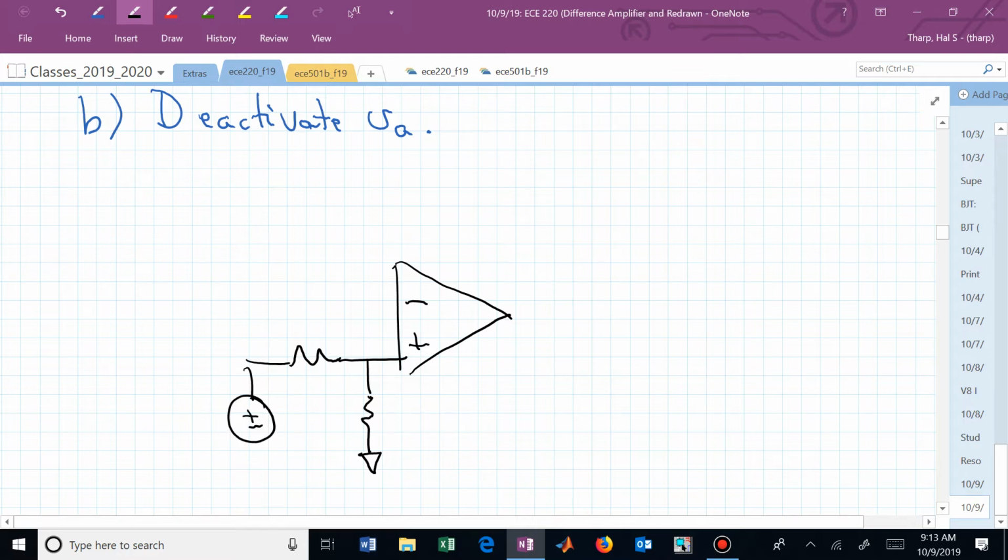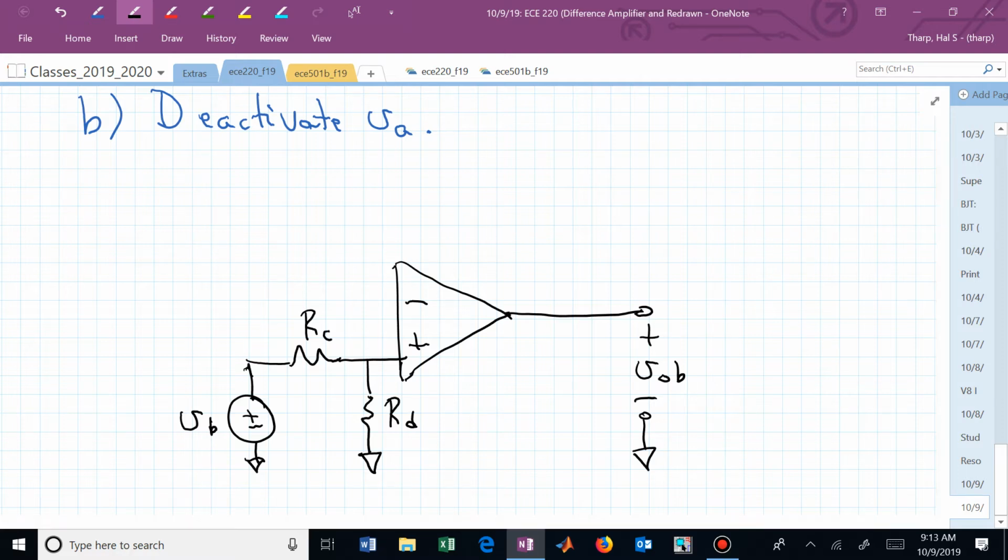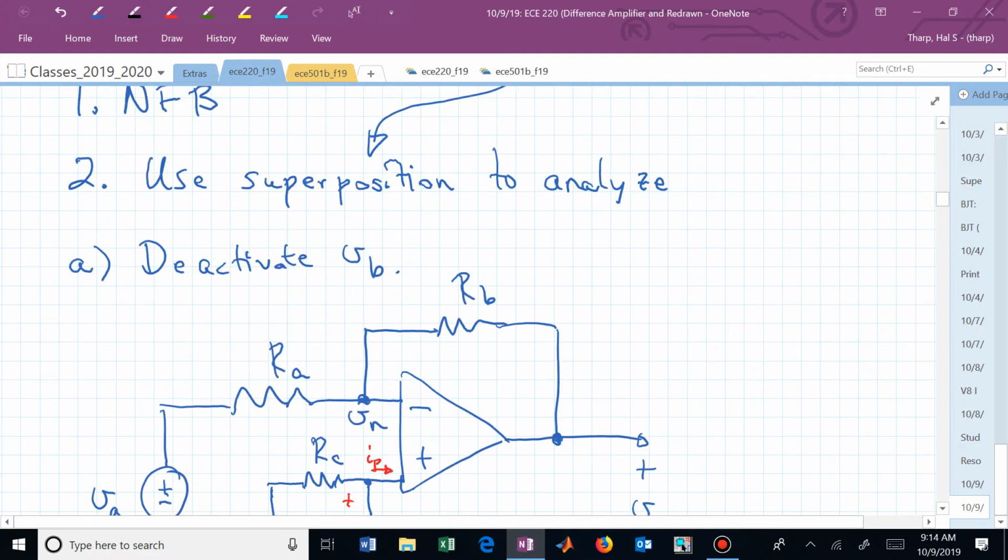Now we are keeping V sub B. Here was R sub C and R sub D. This output is going to be a result of keeping the B source active. And now how do we redraw our inverting component or part of this circuit if we've now deactivated V sub A?